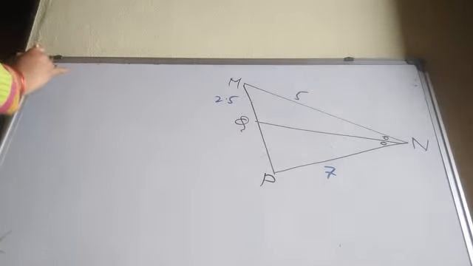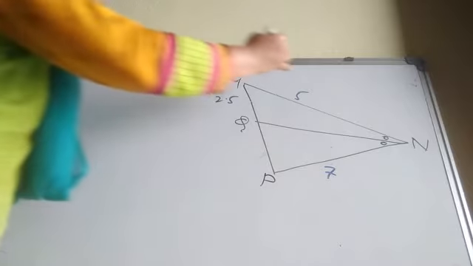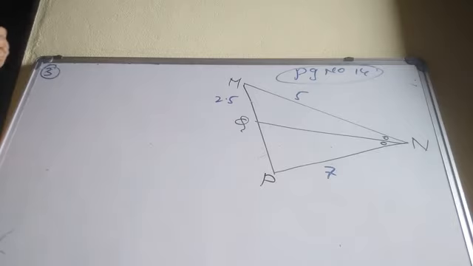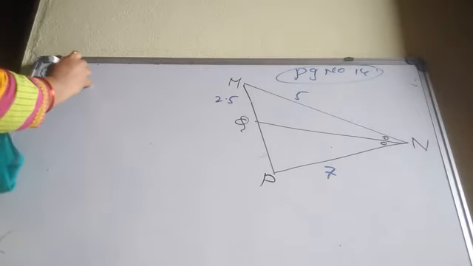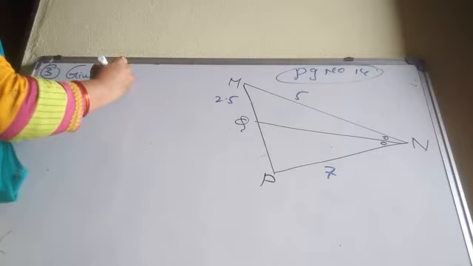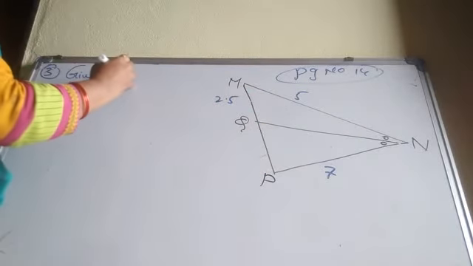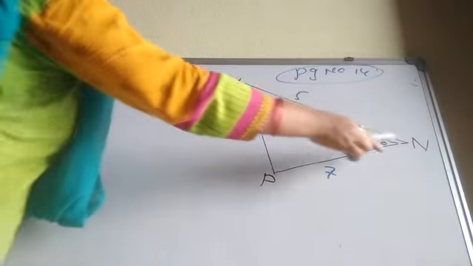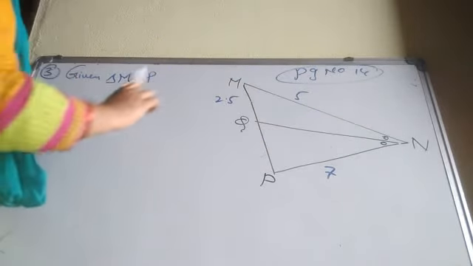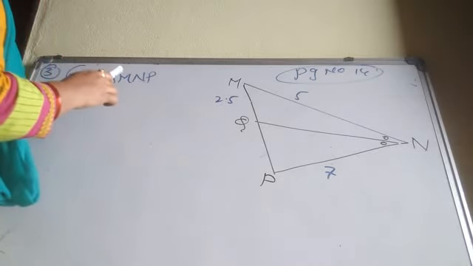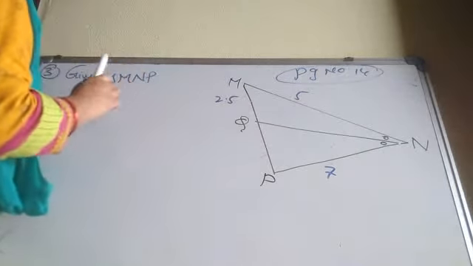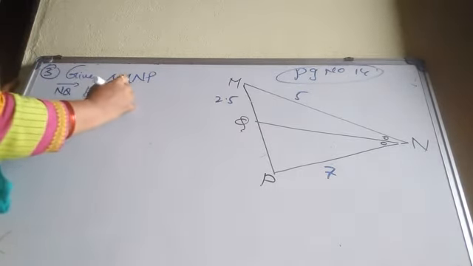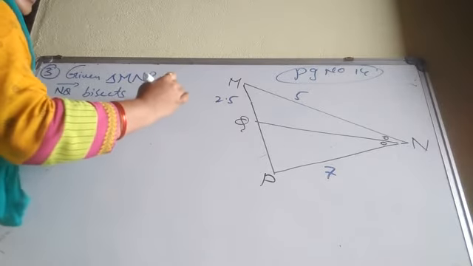Students, now question number 3 on page number 14. First we will write the given. Triangle MNP. Here ray NQ is the angle bisector. Ray NQ bisects angle MNP.